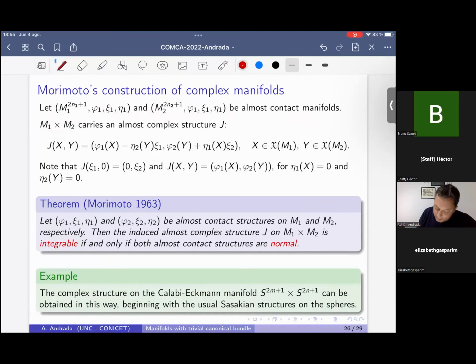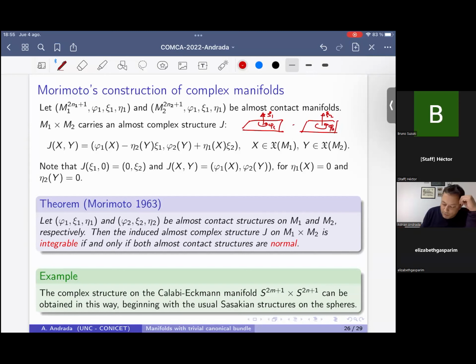Let me try to make a drawing. We have the first one with psi 1 here, and here we have phi 1. And there is the other manifold which has its own psi 2, and here we have phi 2.